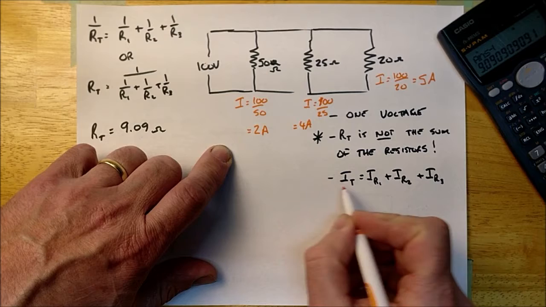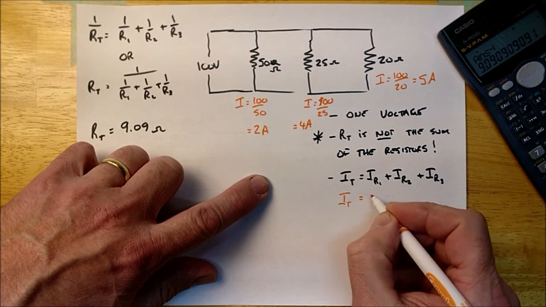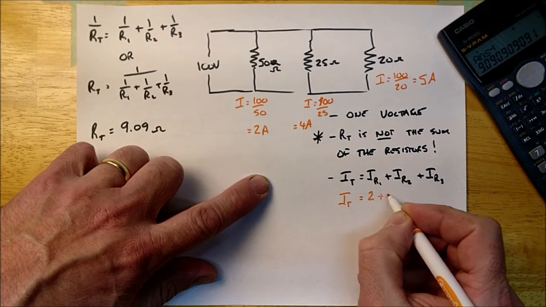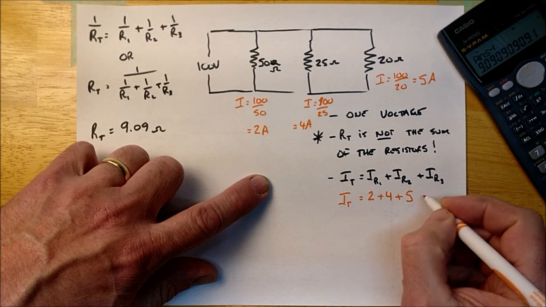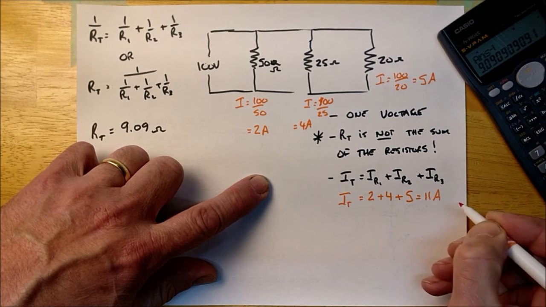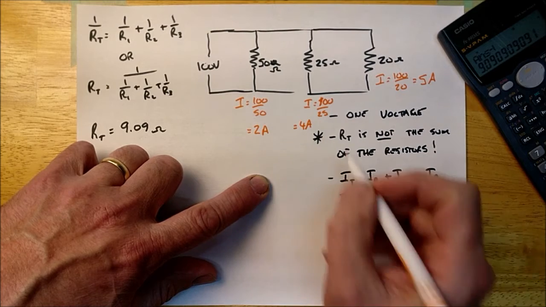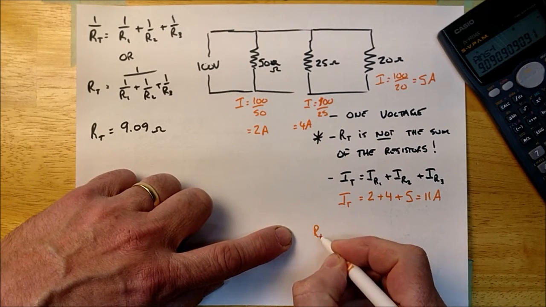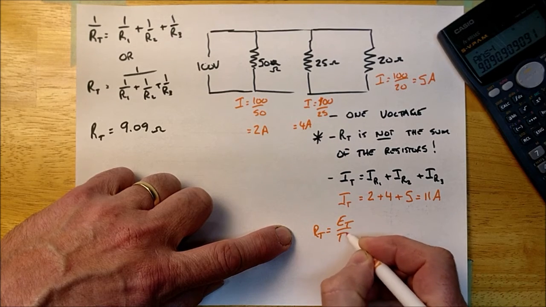And since this is true, I can calculate I total. I total will be 2 plus 4 plus 5. So what is that? 9, 11 amps, all right? Now that I know that my current is 11 amps in this circuit, I should be able to calculate RT using Ohm's law. It is going to be ET over IT.